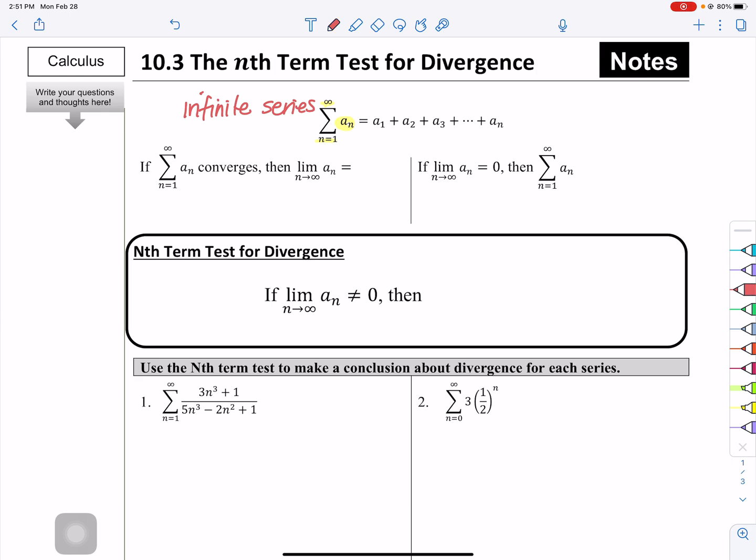So you don't see a series here, just the limit of the terms is equal to 0. Another fact: if the limit as n approaches infinity of a sub n is equal to 0, then the series may either converge or diverge.